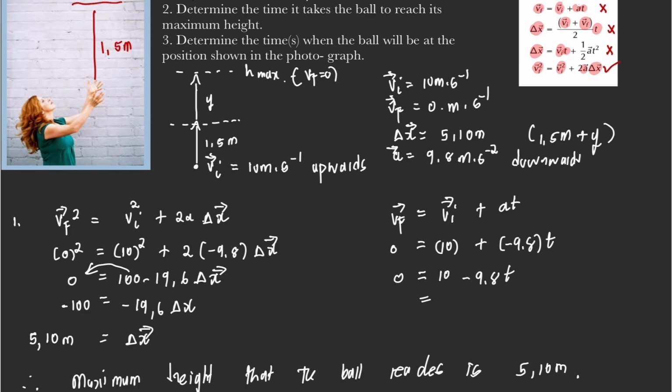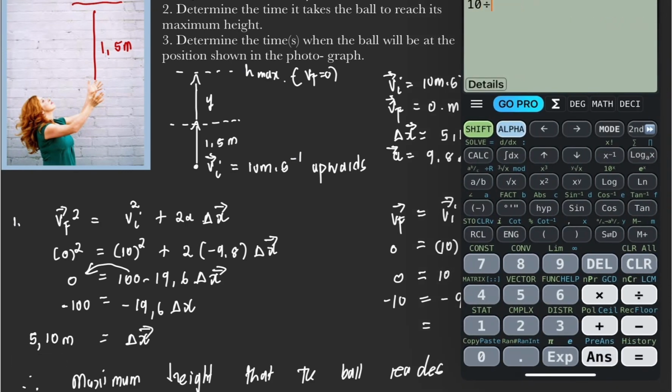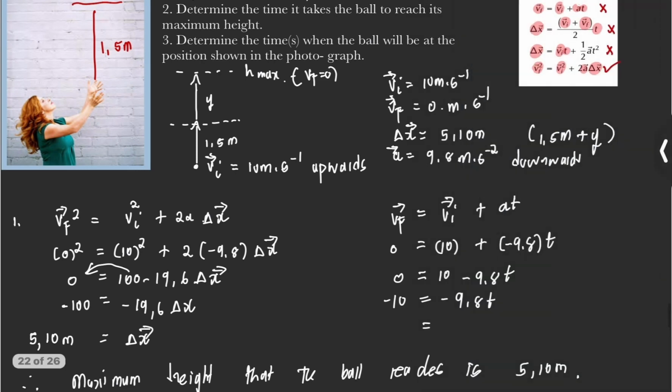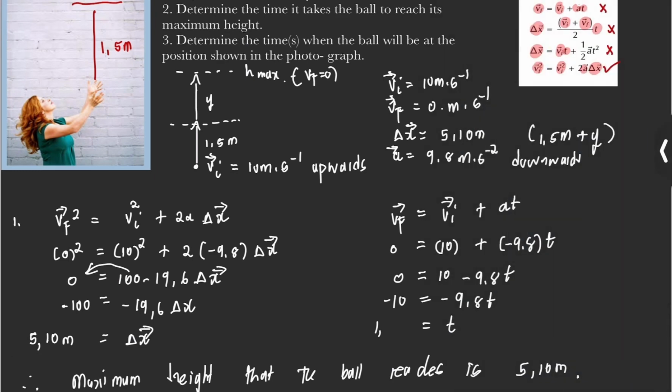Then you transpose: minus 10 is equal to minus 9.8 t, and you divide by 9.8 on both sides. So 10 divided by 9.8 is 1.02 seconds. T is equal to 1.02 seconds. So it took this ball 1.02 seconds to reach its maximum height, where the velocity is equal to 0.